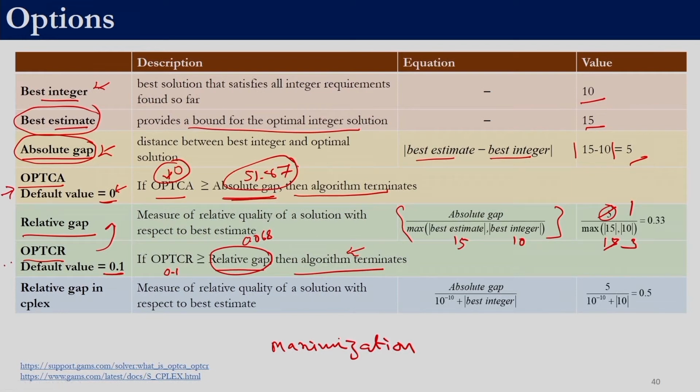The calculation of opt_cr varies from solver to solver. In Simplex it is not calculated using this formula, but using a different one. All these details are available in the solver manual as well as the GAMS manual. Over here it is the absolute gap divided by 10 power minus 10, a very small number, plus the absolute of the best integer solution.